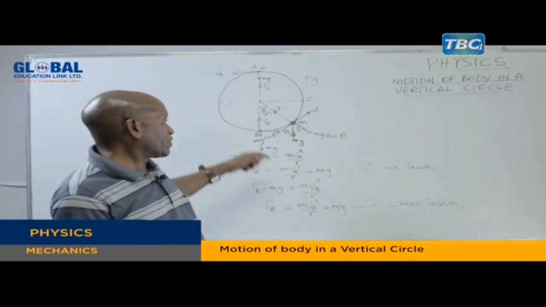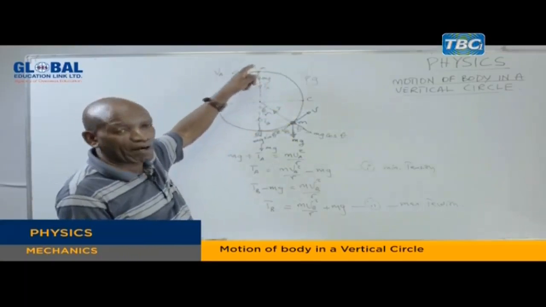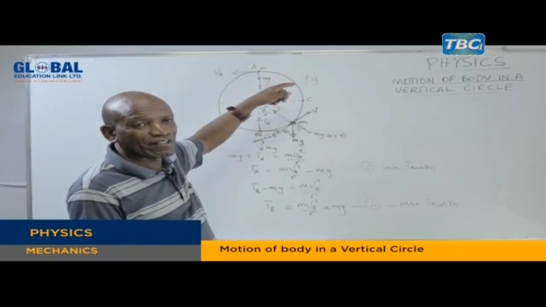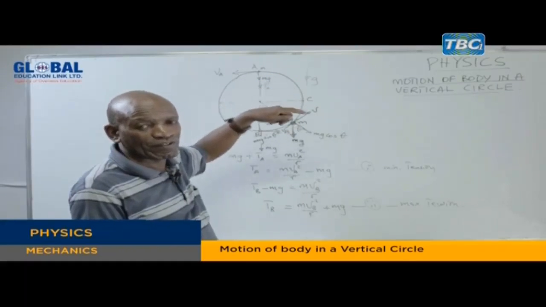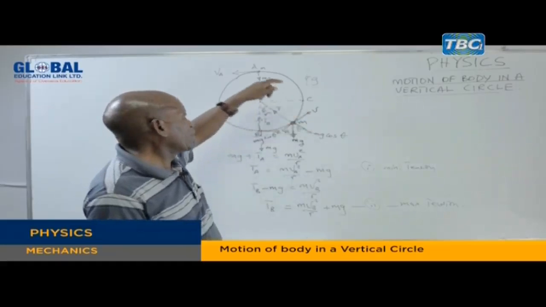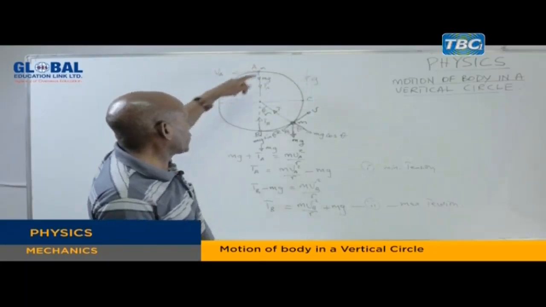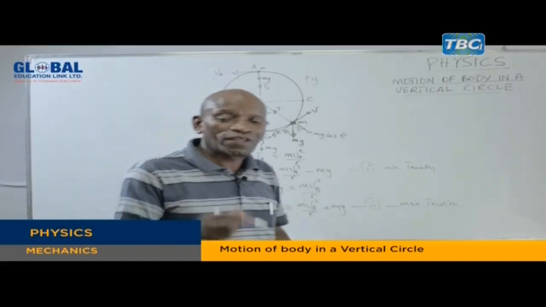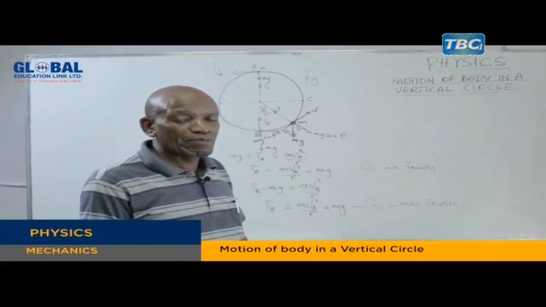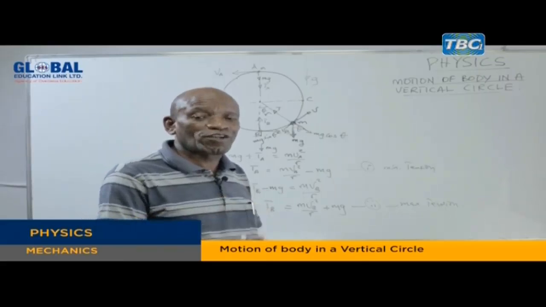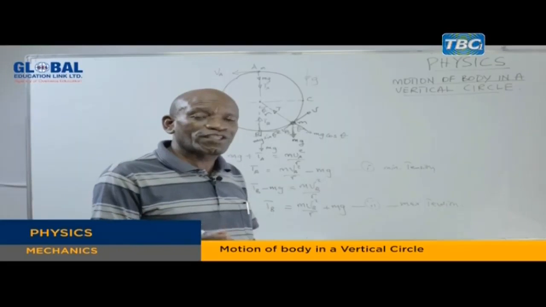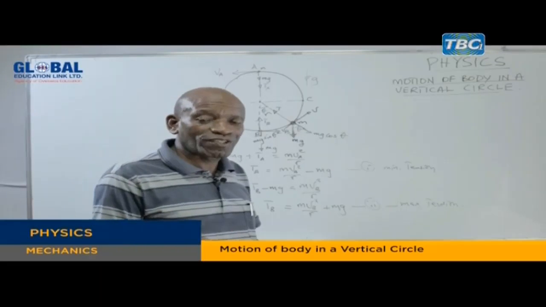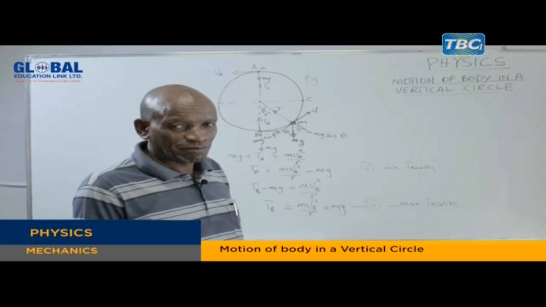Why? Because as the body moves upward, the gravitational force opposes its motion, and whenever it moves downwards, say from point A to point B, the gravitational force supports the motion. Therefore there is a variation of motion, and the motion of a body in a vertical circle is not uniform.